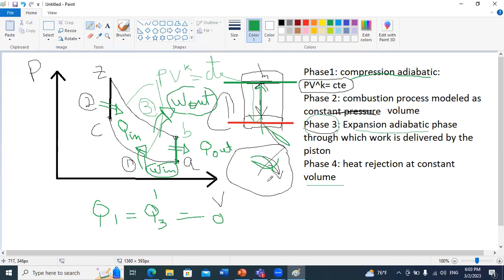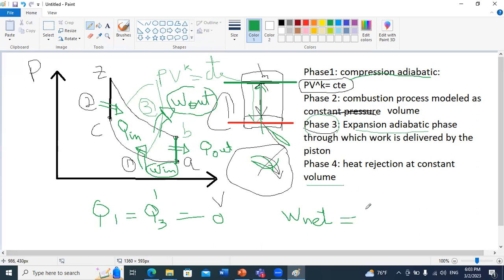That's why in general, whenever we want to study the efficiency of such a system, we consider the net work produced from my cycle. So W_net in this cycle is equal to W_out minus W_in.